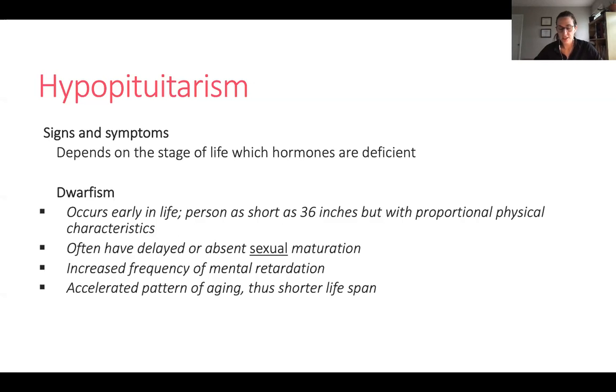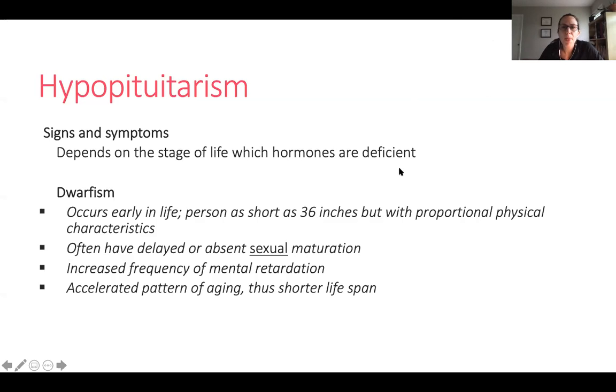Dwarfism occurs earlier in life, but they will have proportional physical characteristics. So they'll have the exact opposite problem of gigantism. They will have delayed or absent sexual maturation. As you can imagine, if it's just happening before puberty, then they'll never reach puberty.